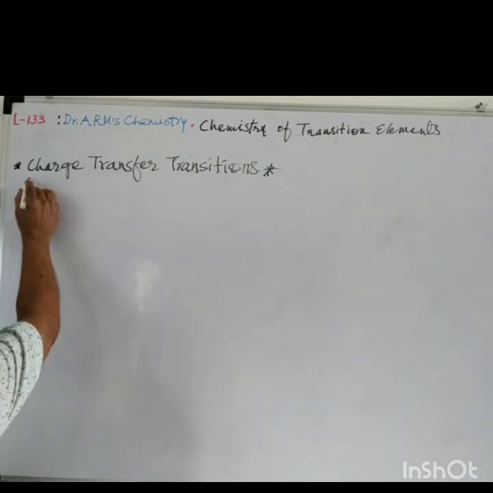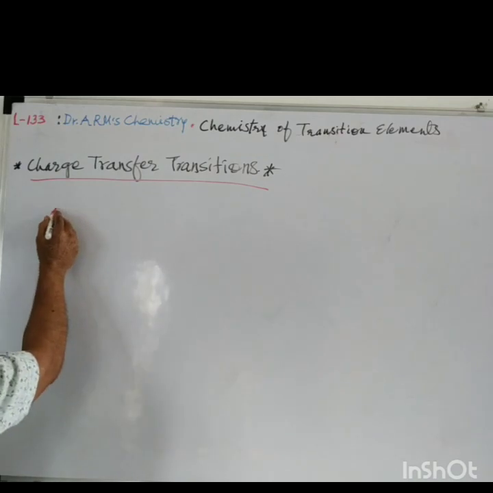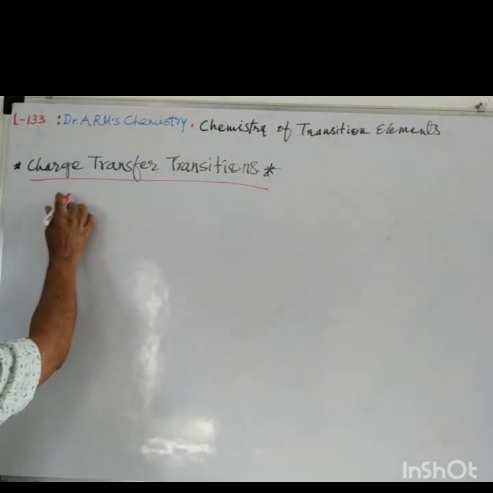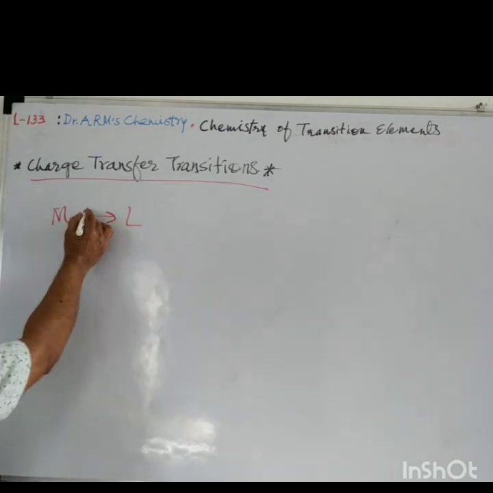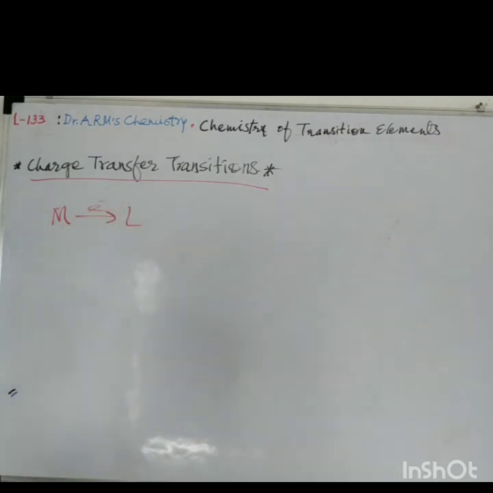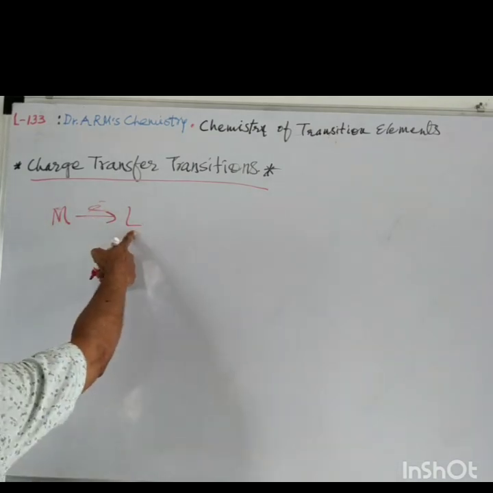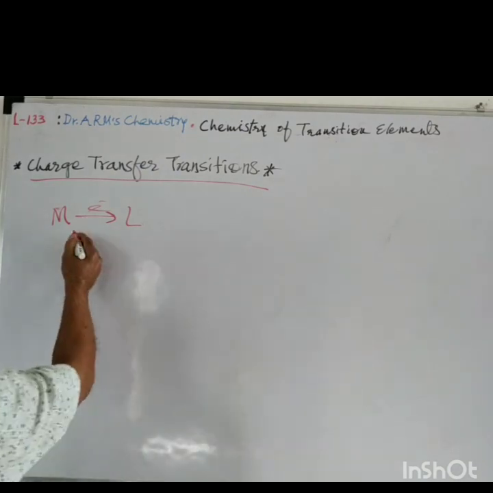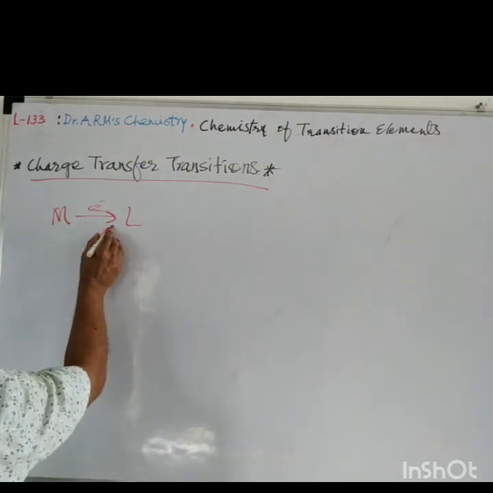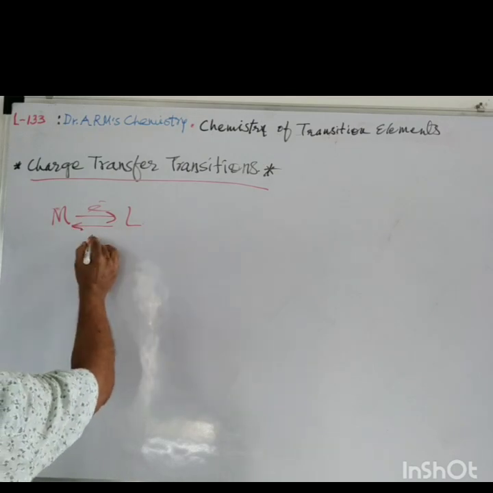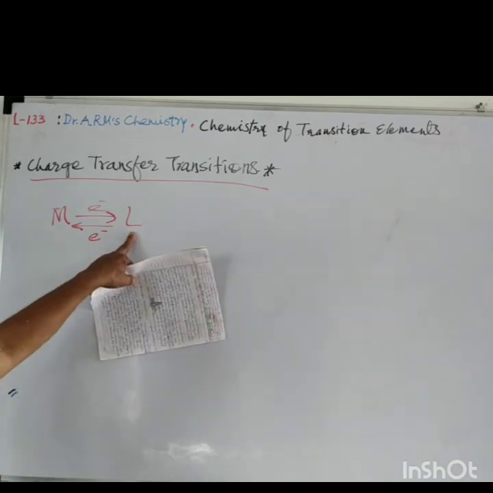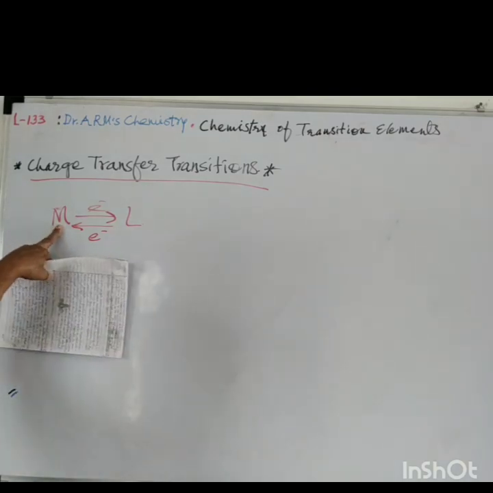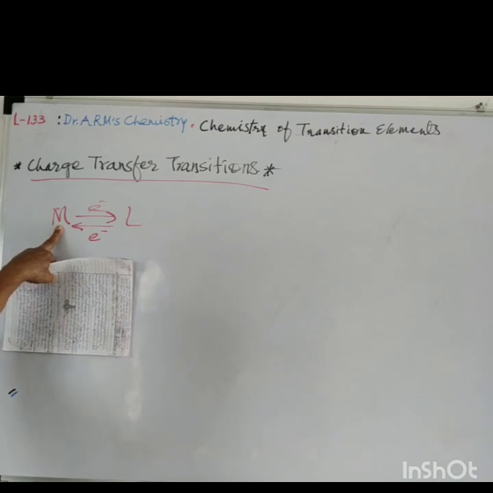So during these charge transfer transitions, either the electrons are moving from the orbital of the metal ion to the orbital of the ligand, and this is also called a charge transfer transition. Or in the other way, the electrons are also moving from orbitals present on the ligand to the orbitals present on the metal ion.